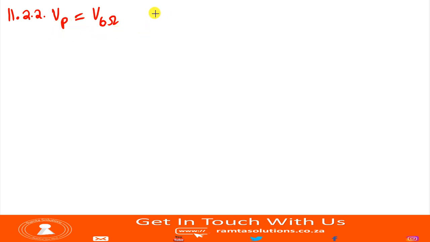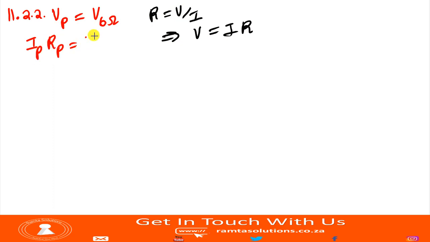We know that R is equal to V over I, which implies V is equal to IR. Therefore, Ip times Rp is equal to I in the 6 ohm resistor times the resistance of the 6 ohm resistor.